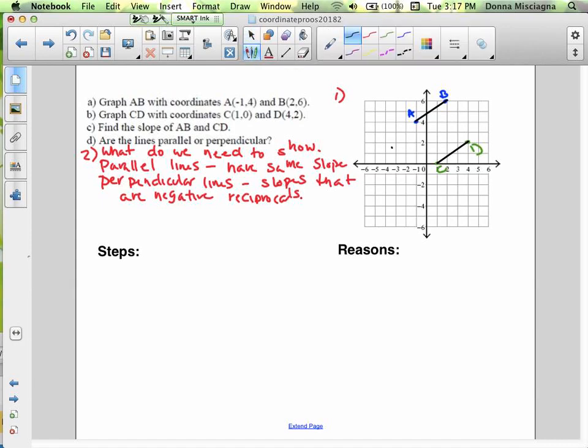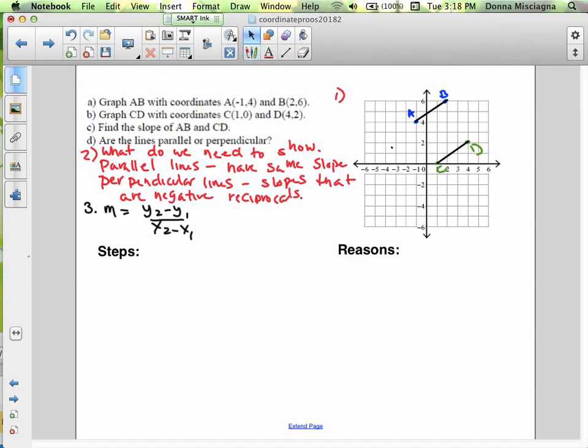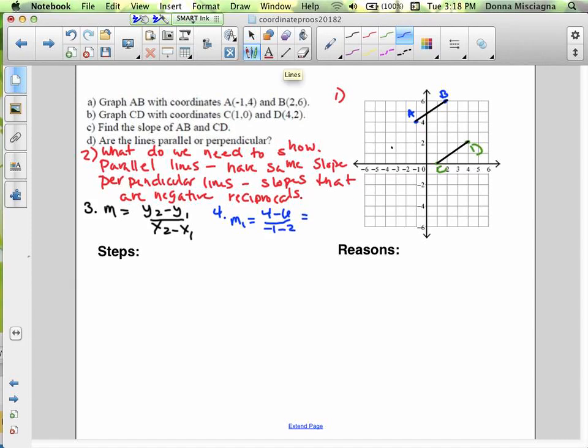Step 3, formulas that we need. We need the slope formula. So again, difference in the y coordinates over difference in the x coordinates. Let's show our work. So let's find the slope of AB. So I'll just call it slope 1. All right, and so that is, and I'm going to go in order, 4 minus 6 divided by negative 1 minus 2. All right, so that would be negative 2 divided by negative 3.